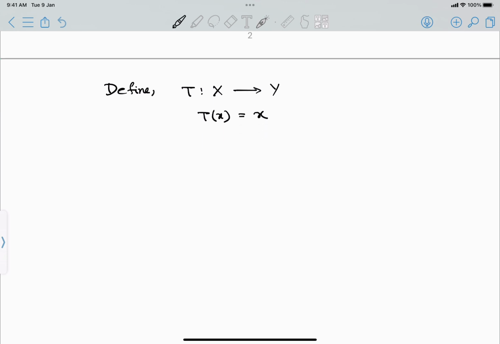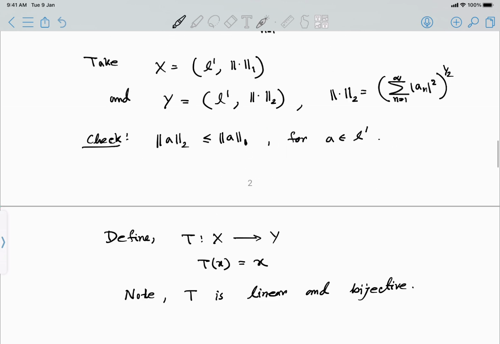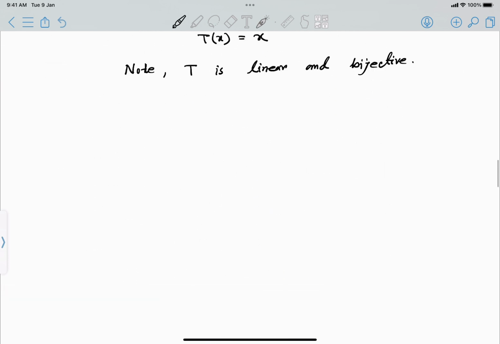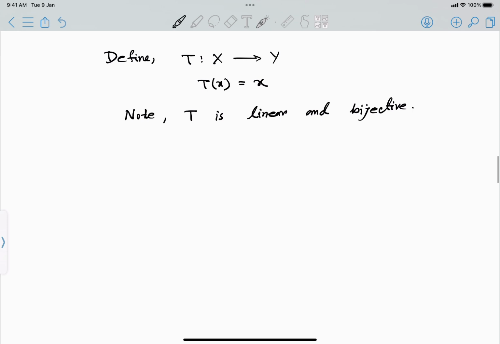This is obviously linear and bijective. Again we also have to check that the graph of T is closed. So let's check that the graph of T is closed.